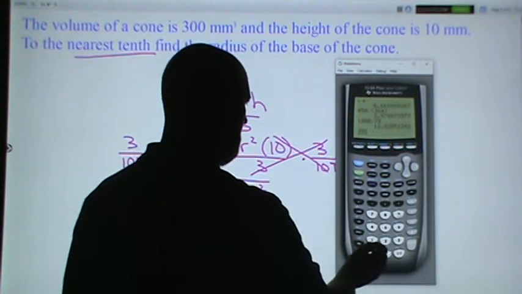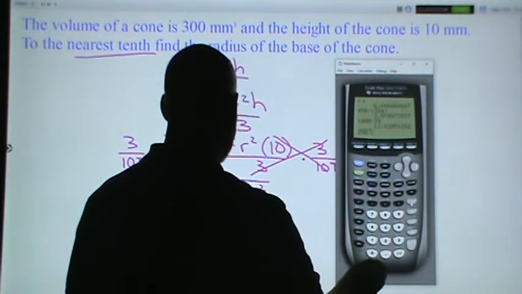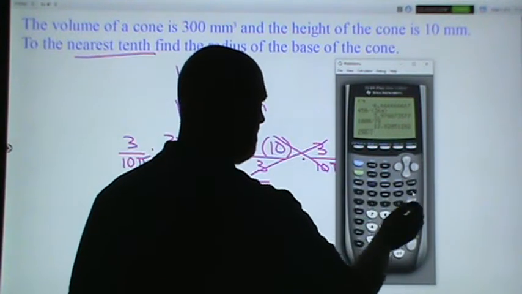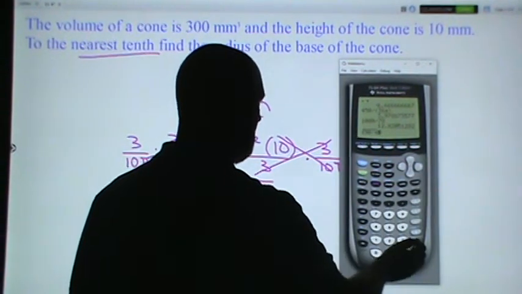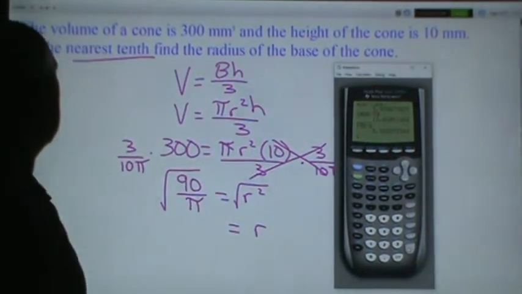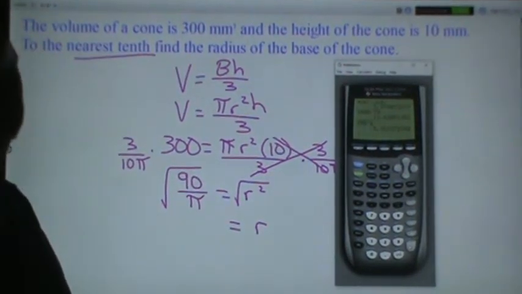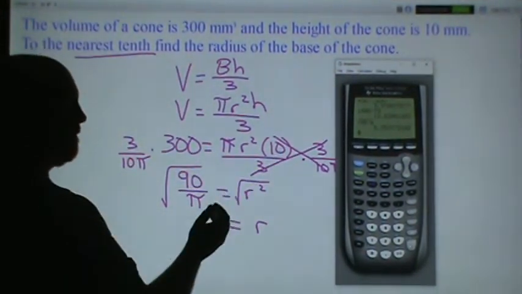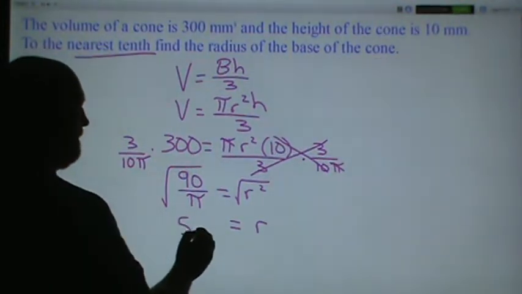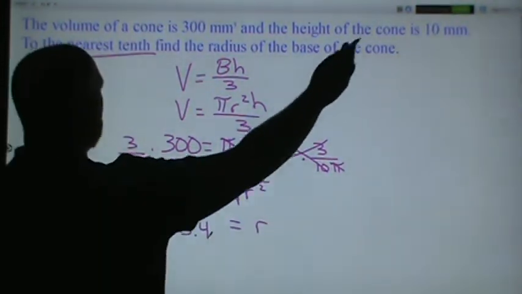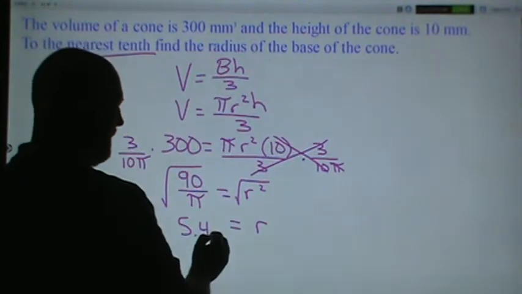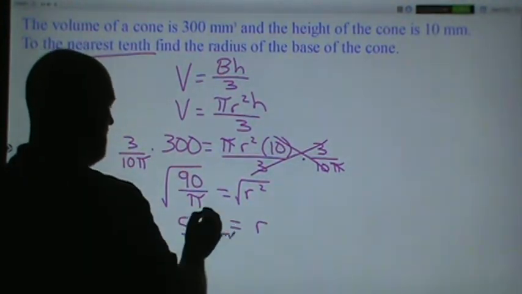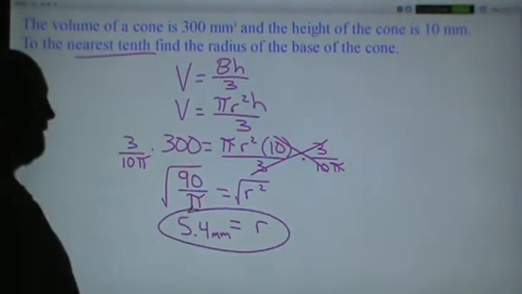I want 90 divided by pi, and then I hit enter and round to the nearest tenth. So I'm going to say 5.4. These were millimeters, millimeters cubed, so my answer is in millimeters. And I always want to make sure that I include that unit with my answer.